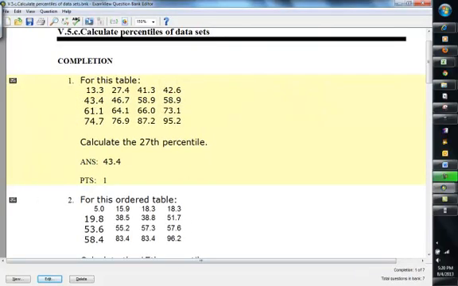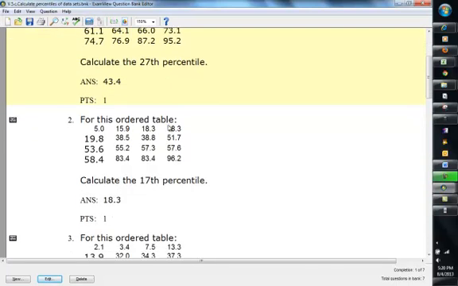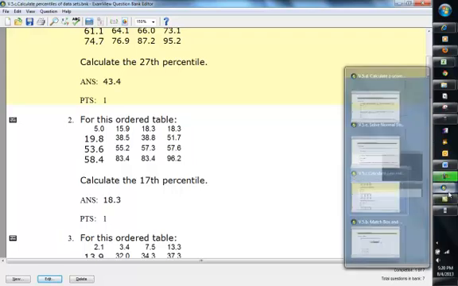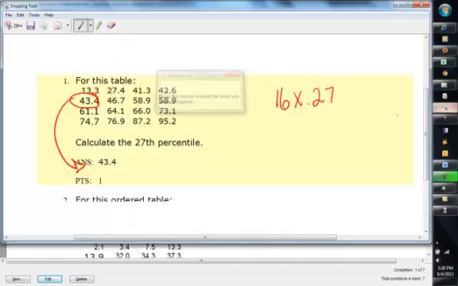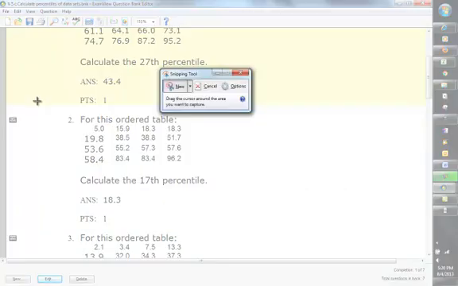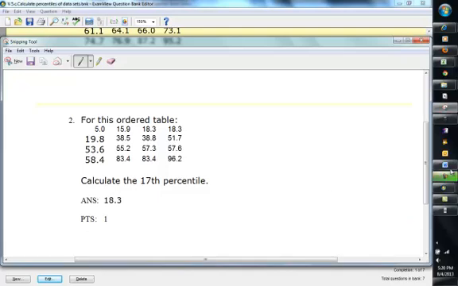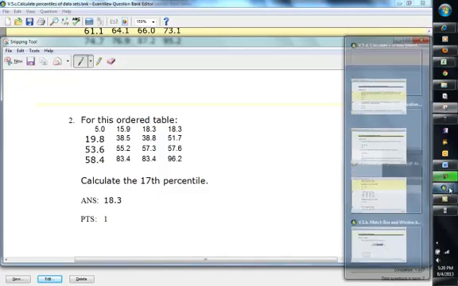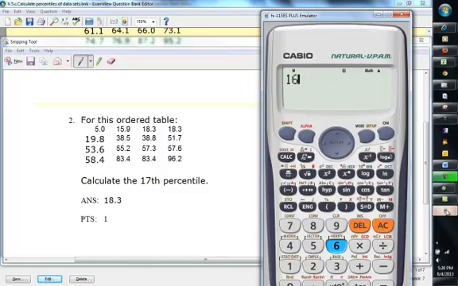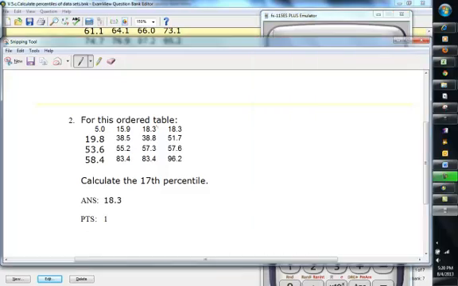Let's look at the next one. Okay. Calculate the 17th percentile. Well, there's 16 things again. So 16 times 0.17 is 2.7, or the one after the second one, 1, 2.